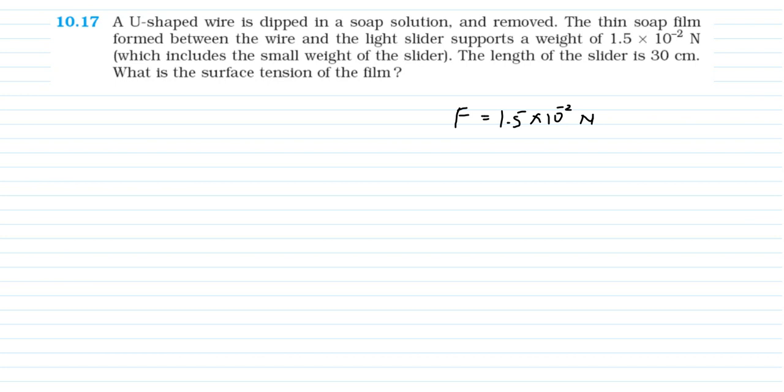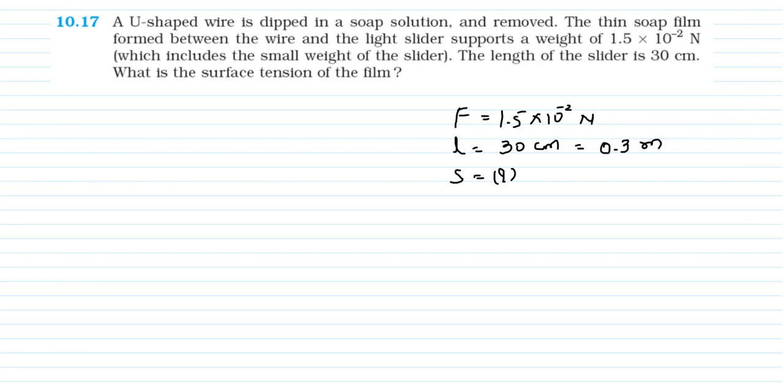The length of the slider is 30 centimeter, L is equal to 30 centimeter. What is the surface tension of the film? So 30 centimeter, you can say it is 0.3 meter. Okay, चलो कैसे solve करेंगे?